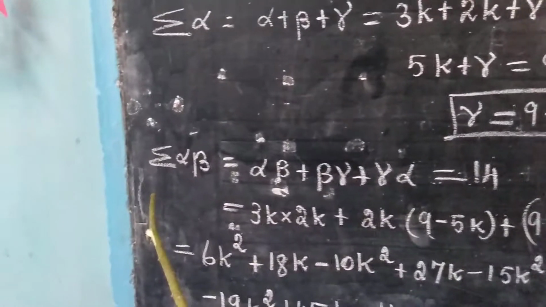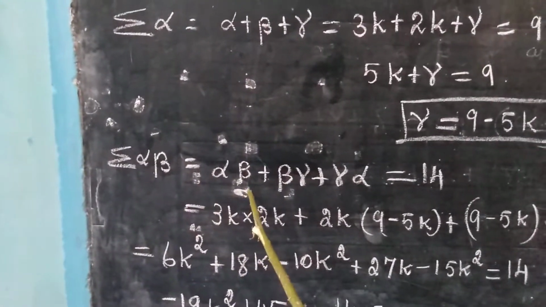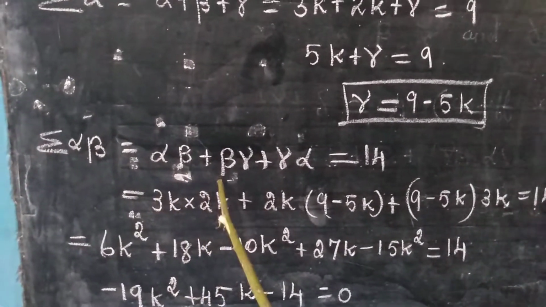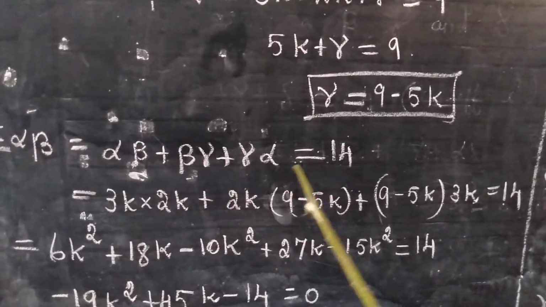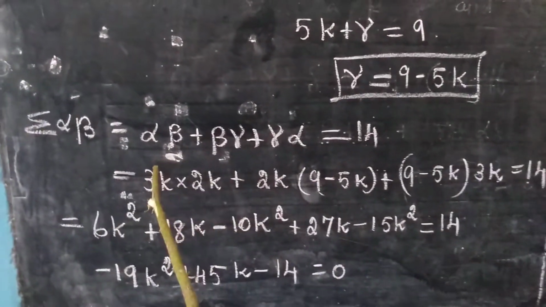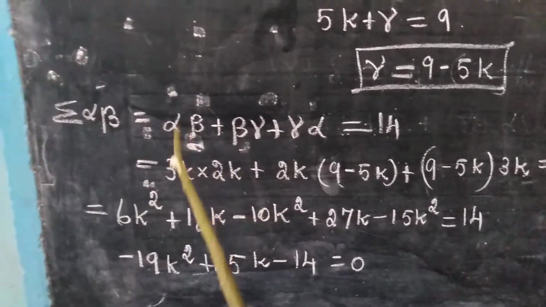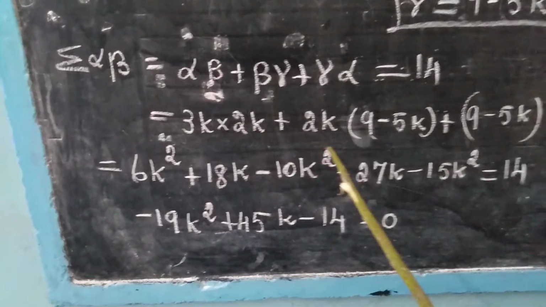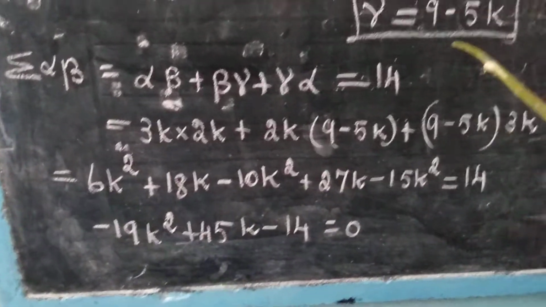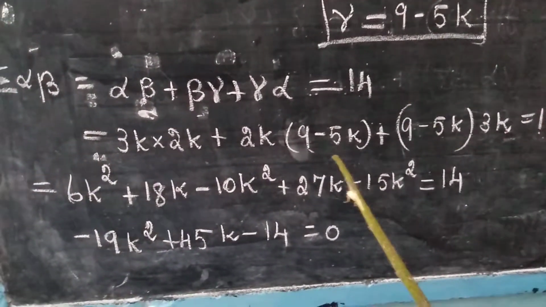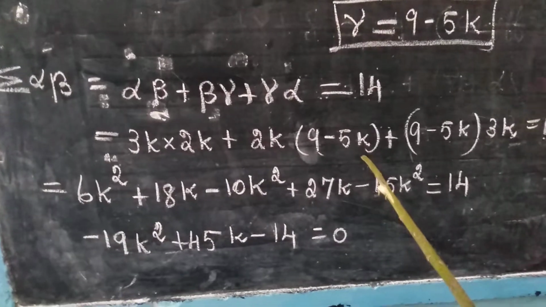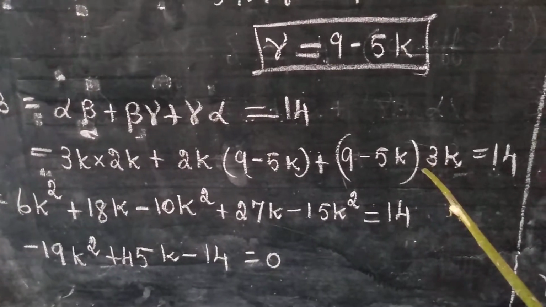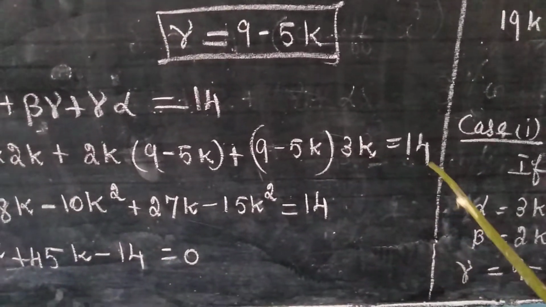Next we find sigma alpha beta, that is nothing but the sum of the product of two roots at a time. So alpha beta plus beta gamma plus gamma alpha is equal to 14. Now we know all the values of alpha, beta and gamma, so we substitute: 3k into 2k plus 2k into 9 minus 5k plus 9 minus 5k into 3k is equal to 14.